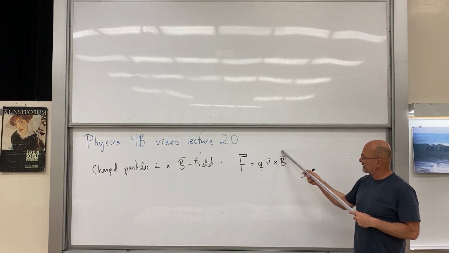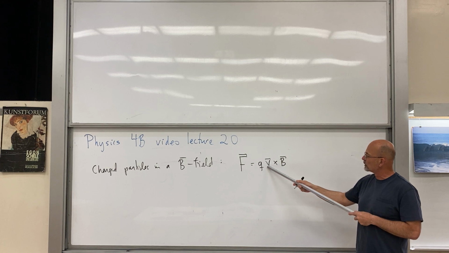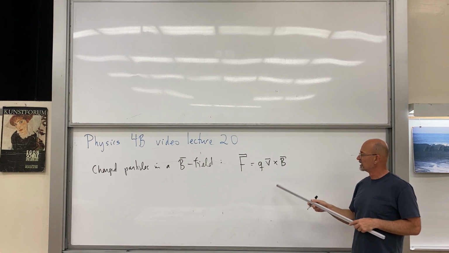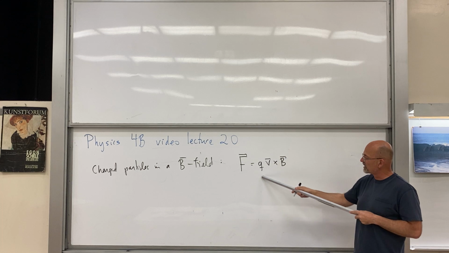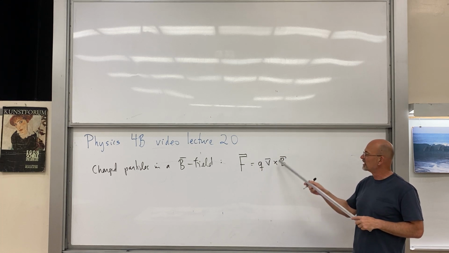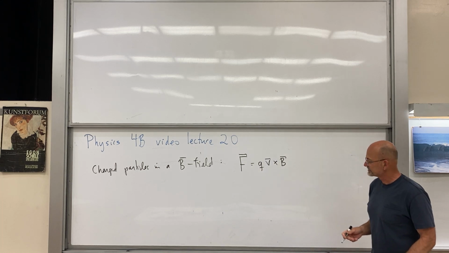And if you reverse the direction of the charge, you're going to reverse the sign of the force. There's also the direction of the velocity. You've got a sign, potentially positive or negative, in the charge. So there's a lot going on here.